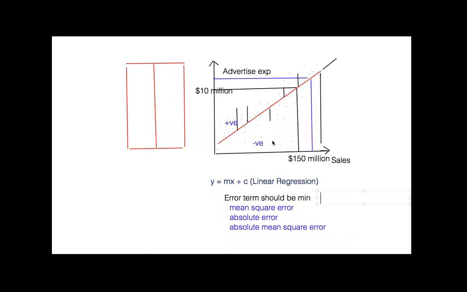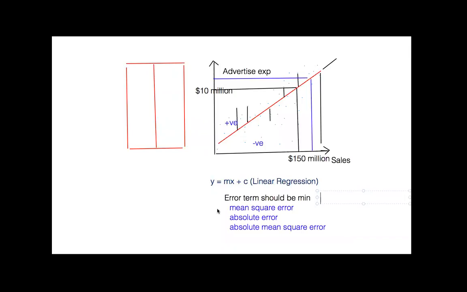So at times this comes as a concern, so we don't take this normal error, we do not go for a normal summation. That is when mean square error comes into the picture: all the errors are squared and then added up. Now in absolute error, irrespective of positive or negative, you just take the value of it. Don't take the sign, and then you add them.